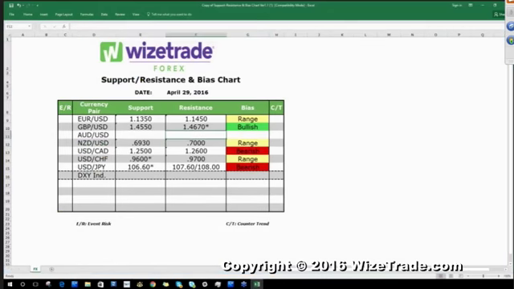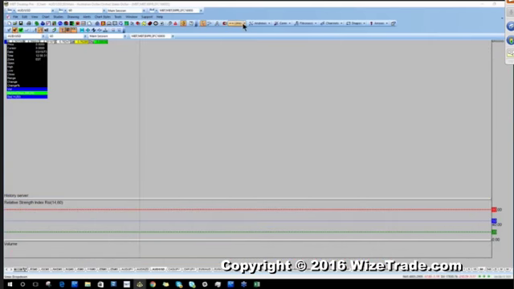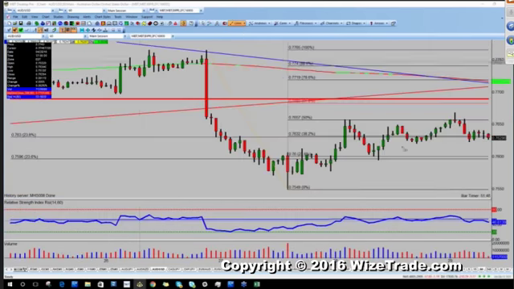The euro is strong. 77, sorry, 77 cents. Key resistance. And I mean, 76.20 is support, guys.